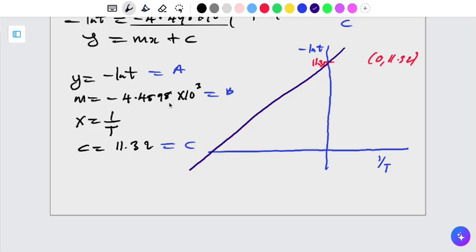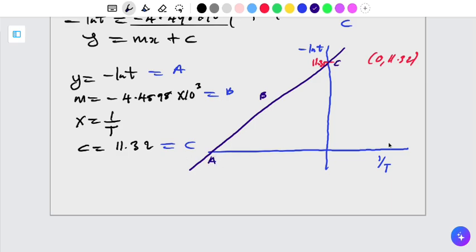Okay, so let's identify A, B and C, because the question was asking us to identify what these are. So this is where we are going to have the value of C. That's the c-intercept, or the y-intercept, I can say. Then this is where we are going to have B. Then this is where we are going to have A. Why are we saying this is where we are going to have A?